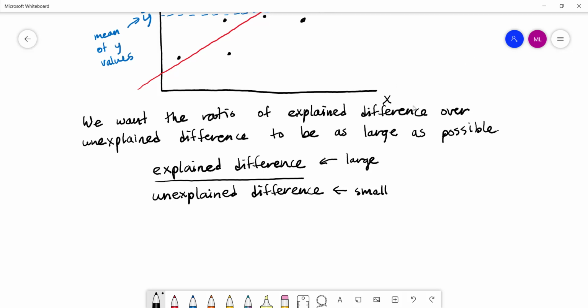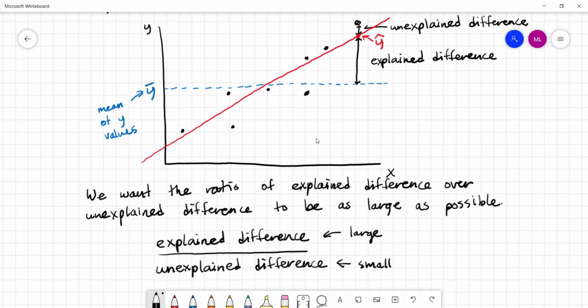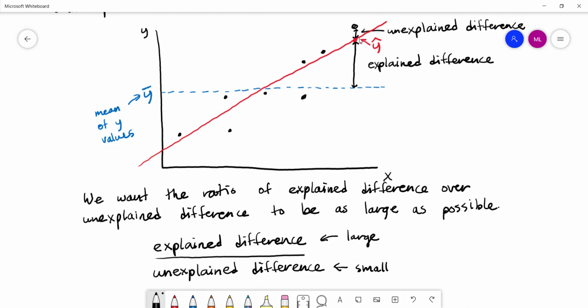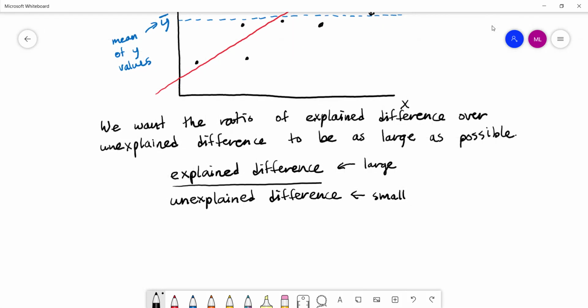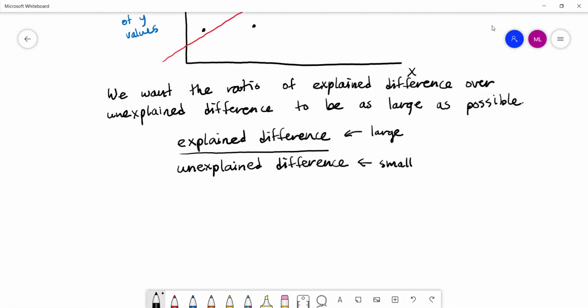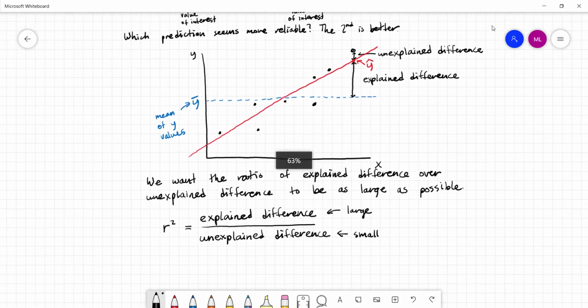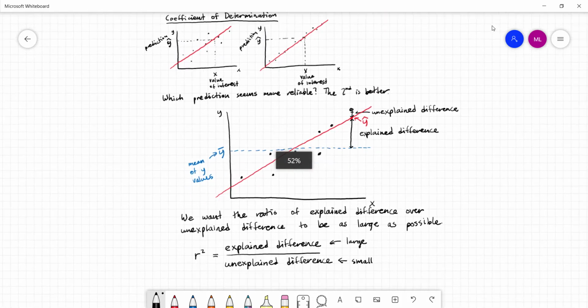So hopefully we get most of the difference to be explained difference, and a very small amount of the difference to be unexplained difference. And if we work that out, this turns out to be the thing that we actually call r squared, and it is our coefficient of determination.